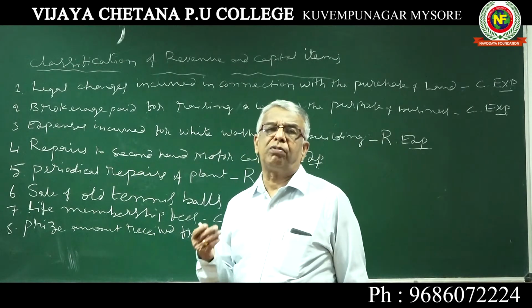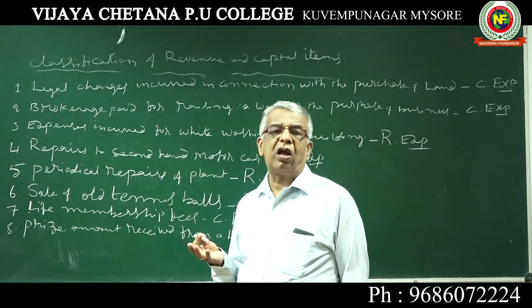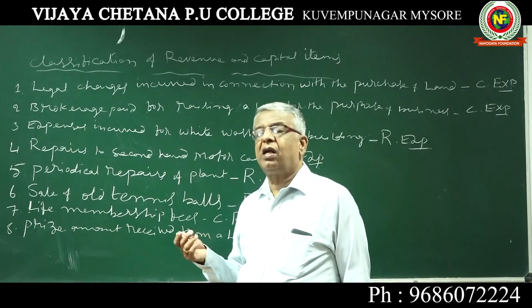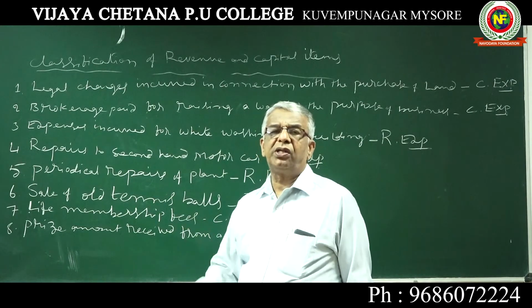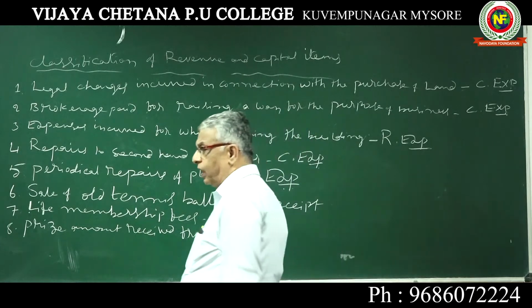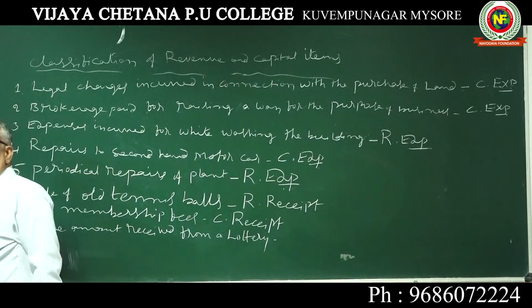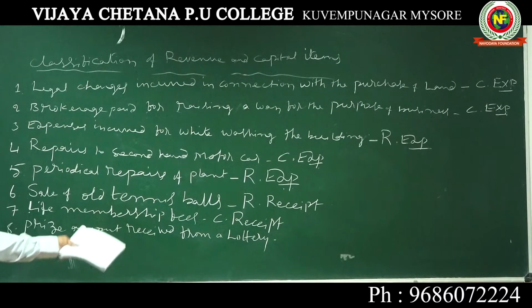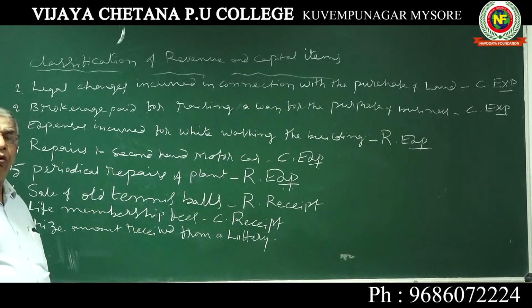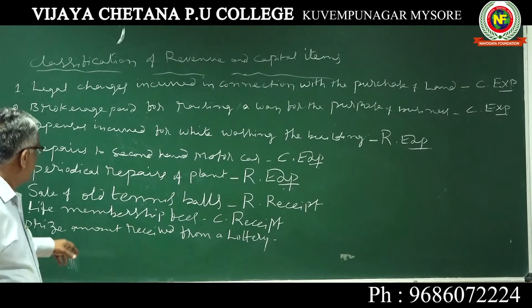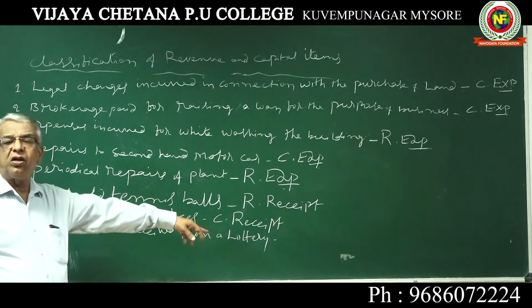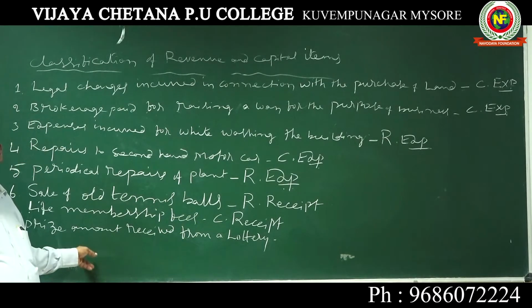Once in a lifetime, sometimes a person may get a lottery amount. Earlier, in Karnataka state and in each and every state, they conducted lotteries. Even in other, foreign countries, they conduct lotteries. Whatever amount is received by the not-for-profit organization from the lottery is considered a capital receipt.